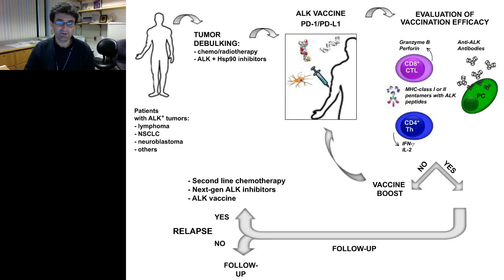And eventually, in case of relapse, there is still a chance to treat a patient with second-line chemotherapy or a different type of ALK inhibitor, and eventually do the vaccination again. So we envision that this could be a potential therapeutic strategy for ALK-positive tumors.